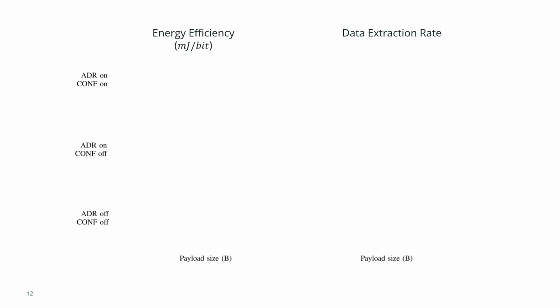Secondly, when ADR is on but no retransmissions are requested, and thus the ADR feedback is less frequently provided to the node. The last case is when both ADR and confirmed messages are disabled. The effect of these configurations is investigated with respect to the payload size.